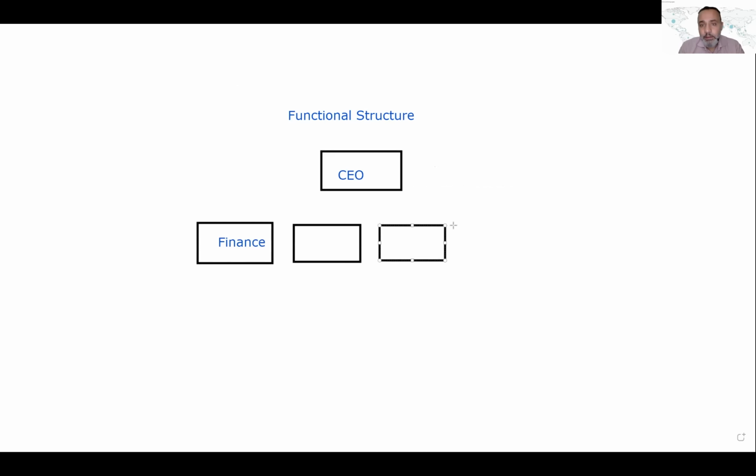And then you have the company structured based on the functions of the company. So for instance, you have the function of finance, the function of human resources, the function of IT, the function of production, the function of marketing, and so on, right?